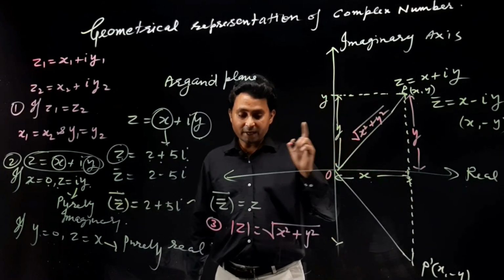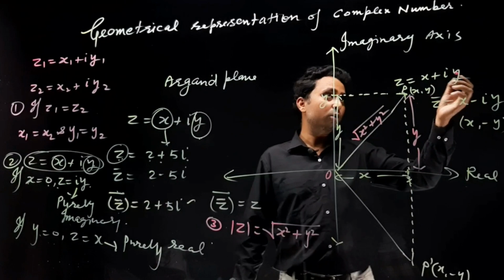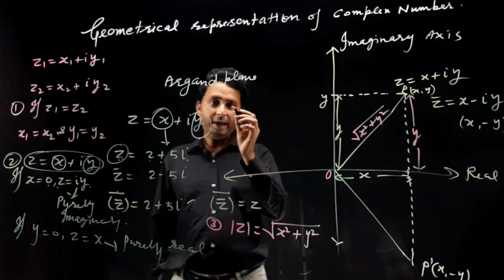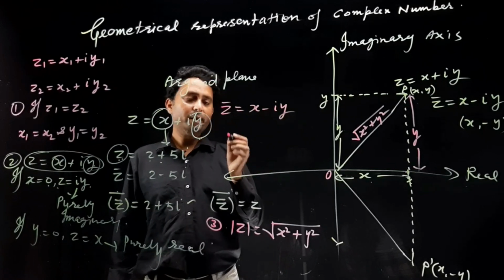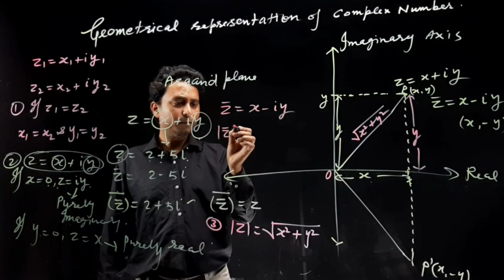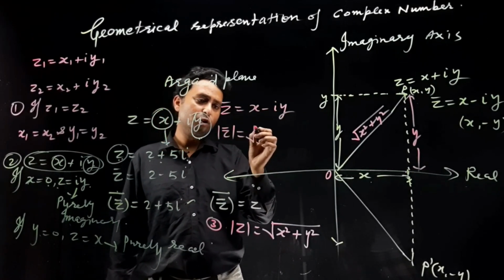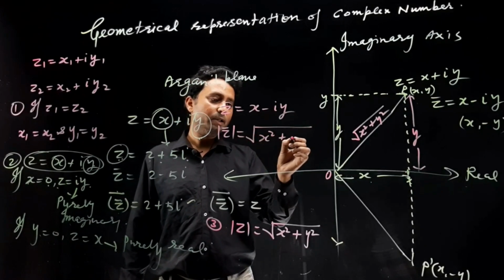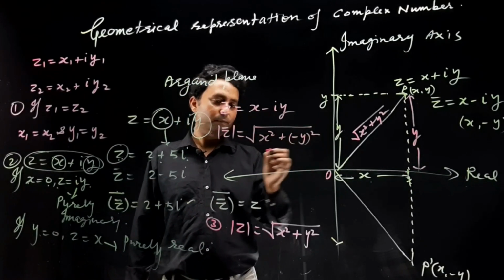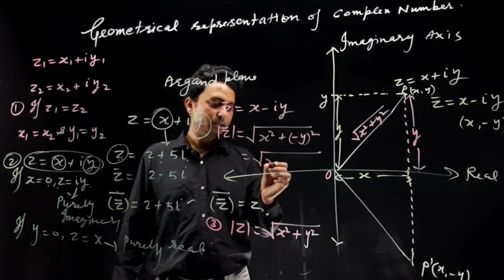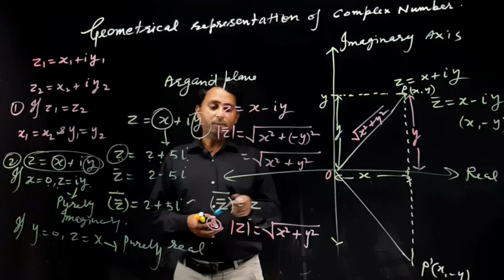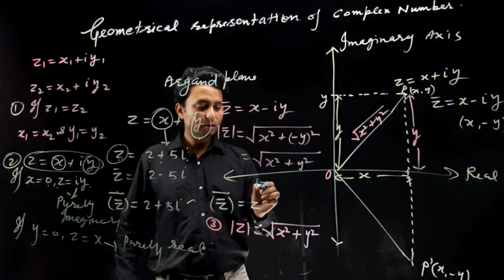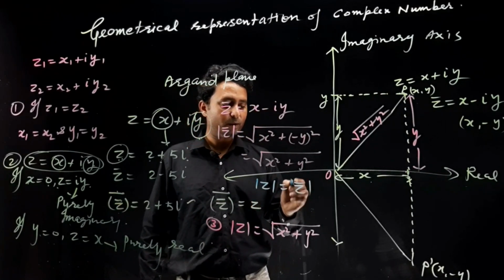Now, the second thing is also important. As we know z bar equals x minus iota y, then what is the value of mod of z bar? That will be root of x square plus minus y square, which is the same as x square plus y square. It means the modulus of z equals the modulus of z bar.